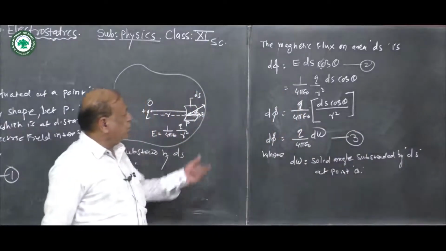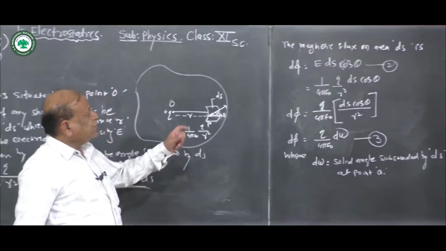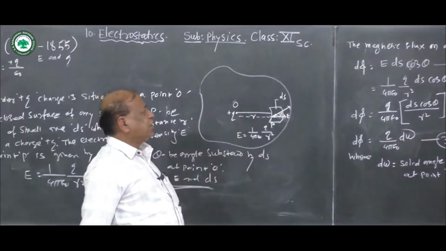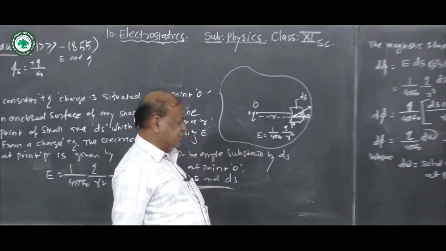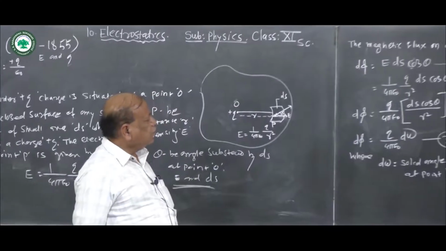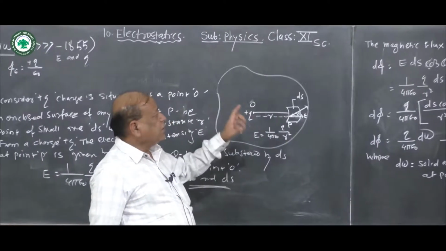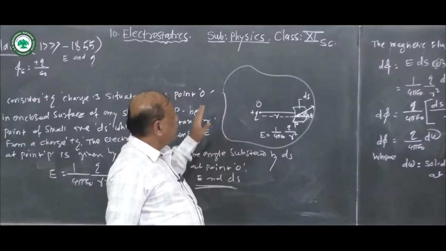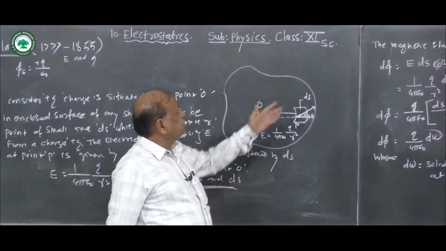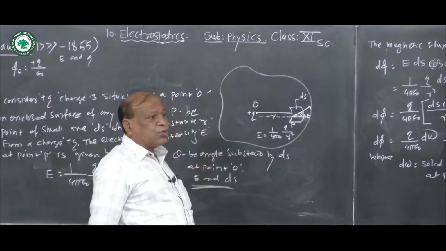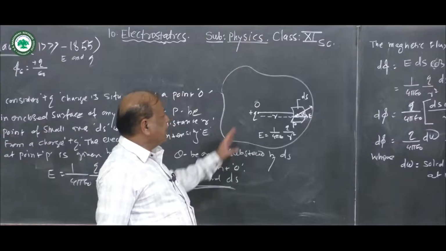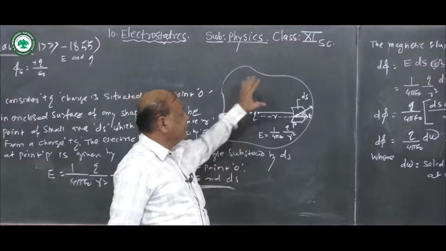Now up to here we obtain this electric flux on that area ds. We have to find the total electric flux by the total enclosed surface area of this any shape.